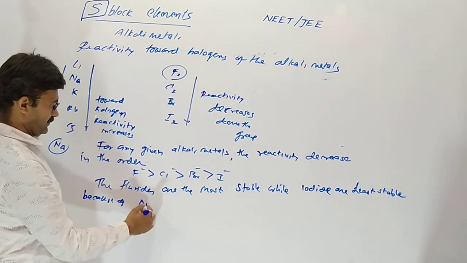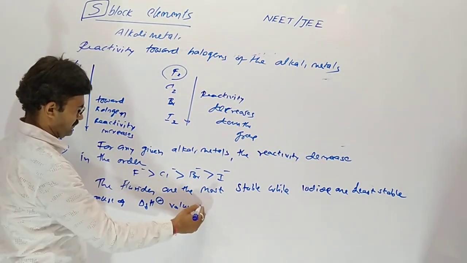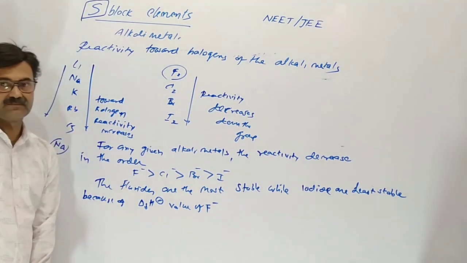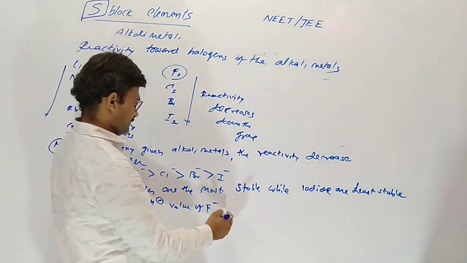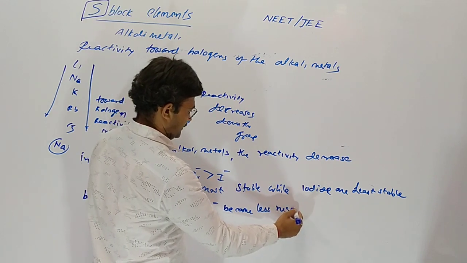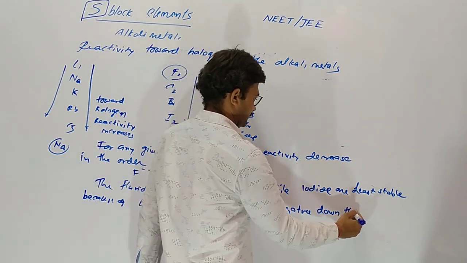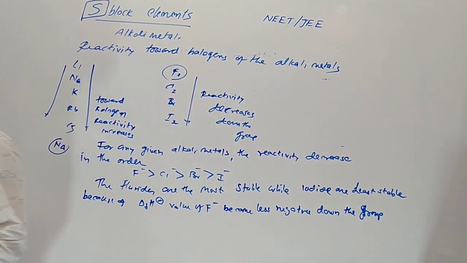The formation enthalpy value of fluoride is highly negative and becomes less negative down the group.